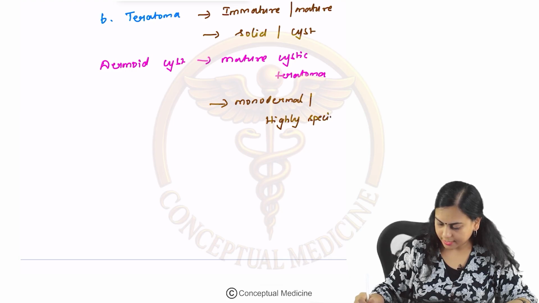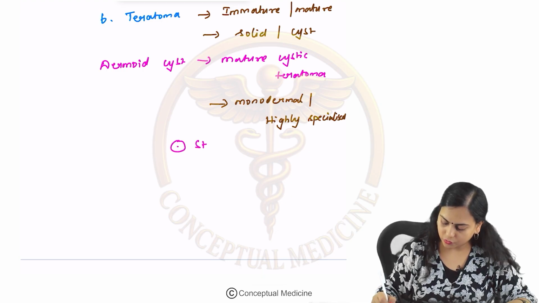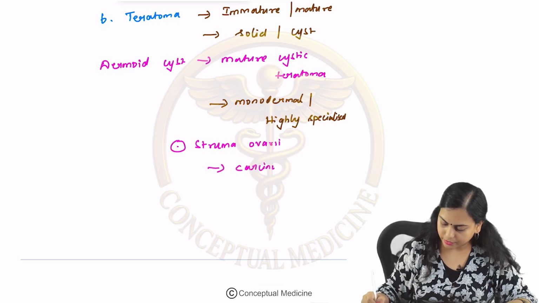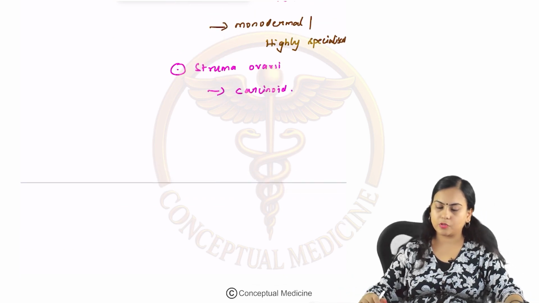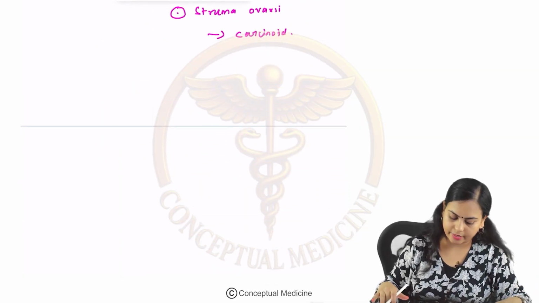So highly specialized types will include your, yes, it is your struma ovarii and carcinoid types. Okay, there can be mixed types also. Okay, so any combination can also be present, right?